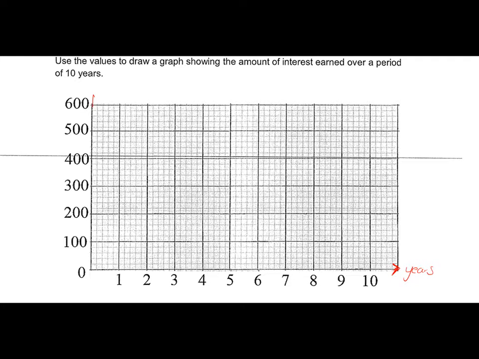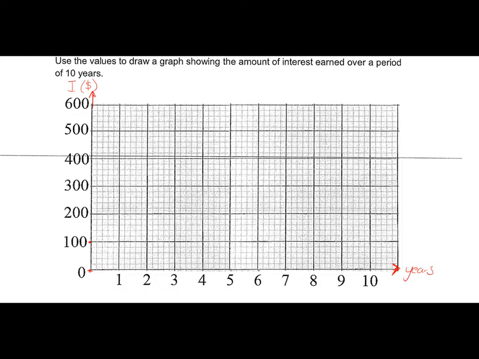Our vertical axis, the dependent axis, is the interest in dollars. You've got quite a few points there that you can plot. Each little square here, there's 5 of them to go from 0 up to 100. So each unit is 100 divided by 5, which is $20.